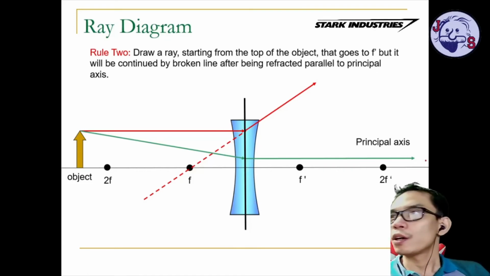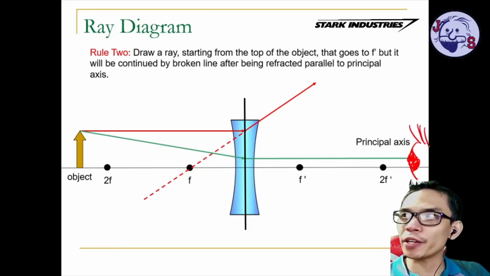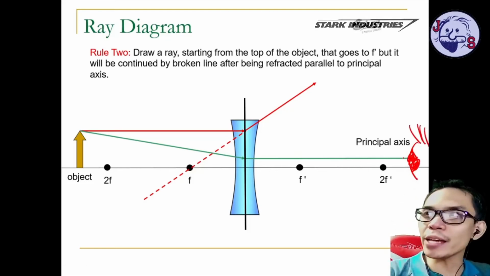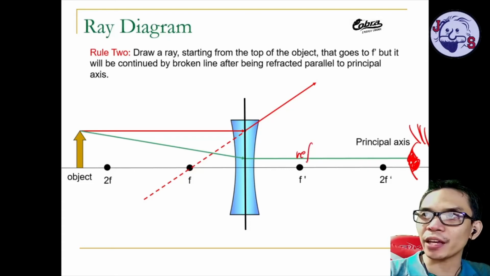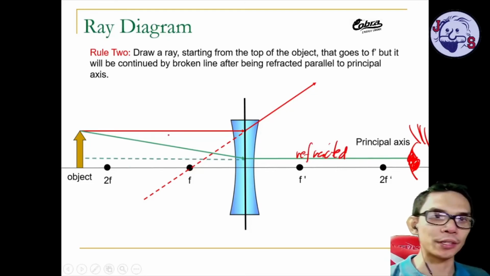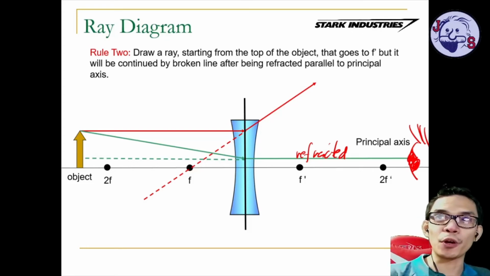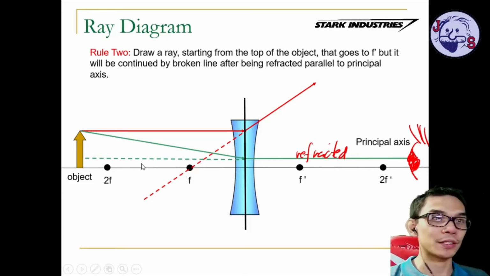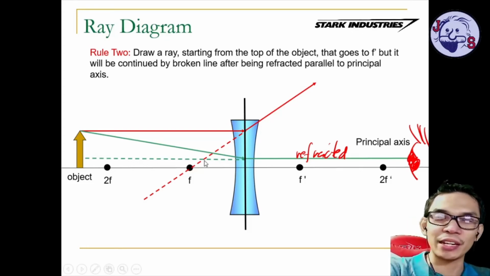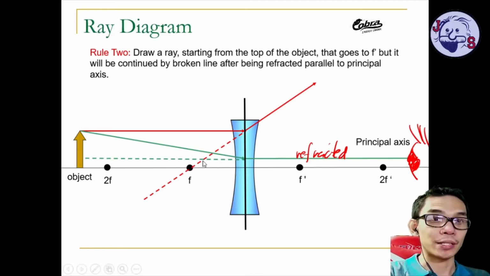If your eyes are over here, then your eyes will follow this refracted ray and form a broken line on the other side of the lens. As you can see here, there is already an intersection in the process.